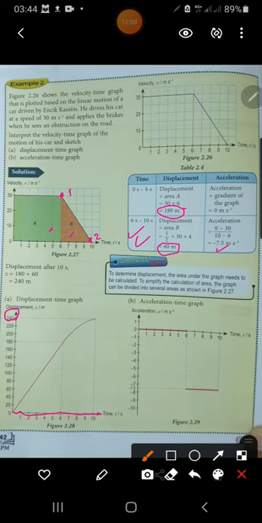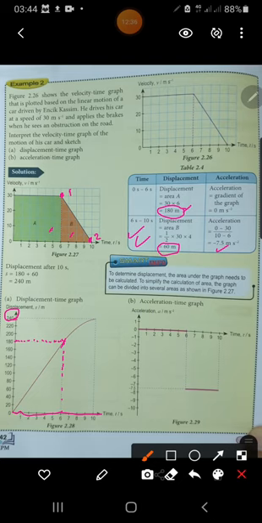Okay, the first one is the displacement for 0 second to 6 second. You plot here, 180 here, and the time is 6 second. Okay, then you mark an X. And then the second displacement is 60 meter after 180.